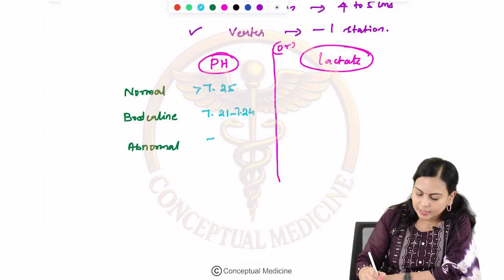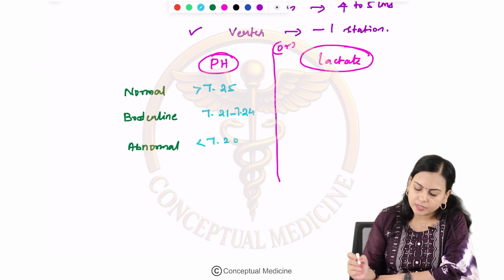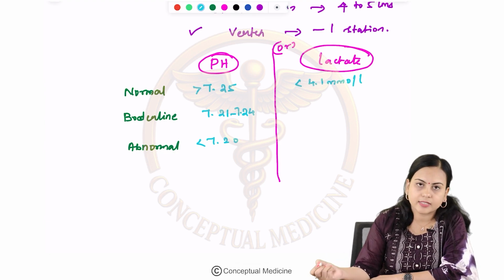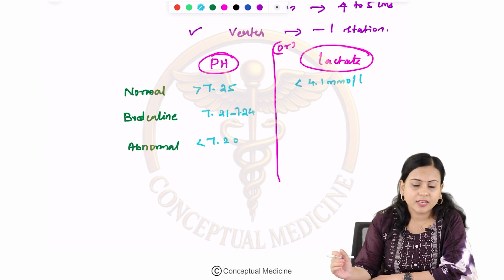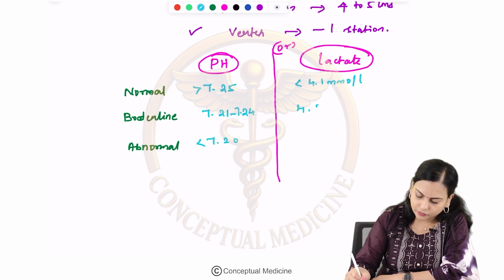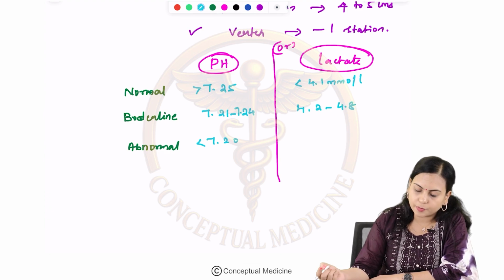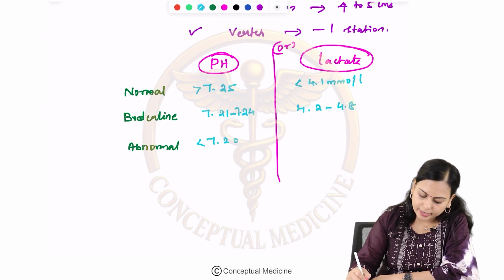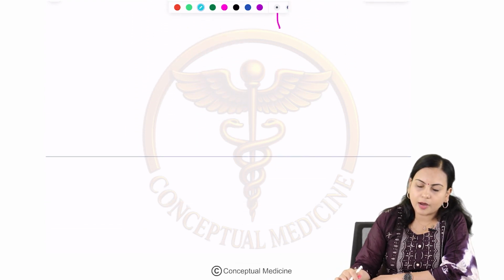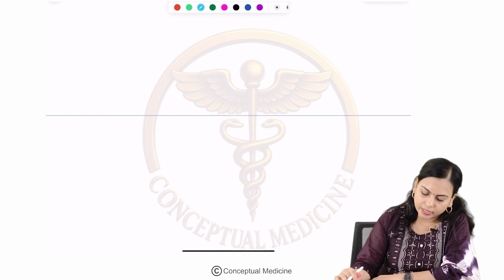Anything less than 7.20 is going to be abnormal. Clear? So for the lactate, levels less than 4.1 millimole per liter are considered normal, because less lactate is normal, right? When this increases between 4.2 to 4.8 millimole per liter, it is considered borderline, and when it goes above or equal to 4.9 millimoles per liter, then it is considered abnormal. Clear?